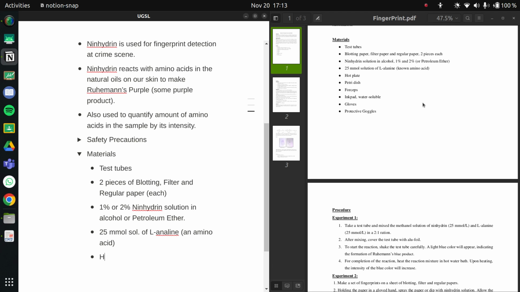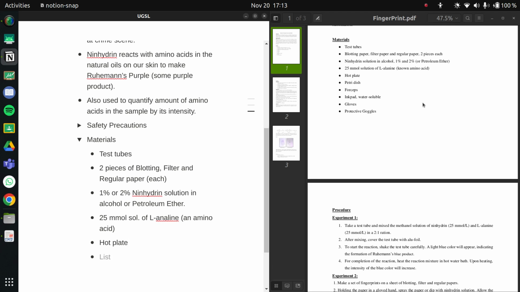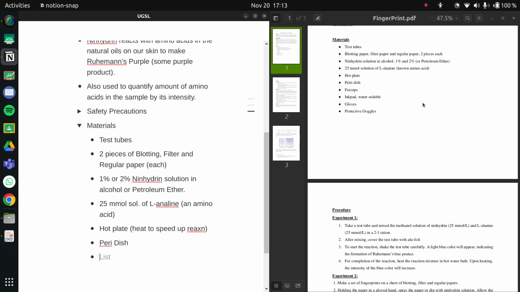Never mind. A hot plate. Why a hot plate? Oh, we did have a hot plate and we were using it to speed up the reaction, pretty much. So, heat to speed up the reaction. Okay, cool. Then a petri dish. I don't know why you require that. We're not biologists, bro.